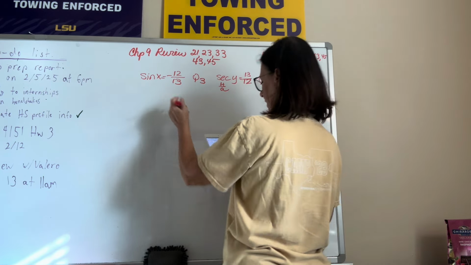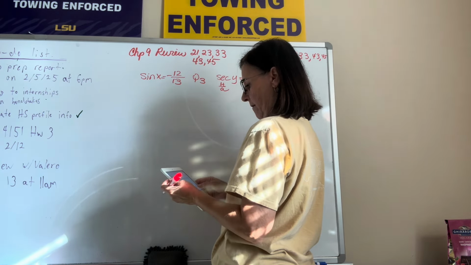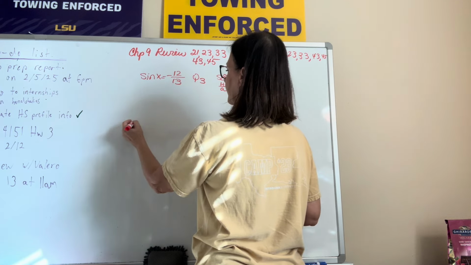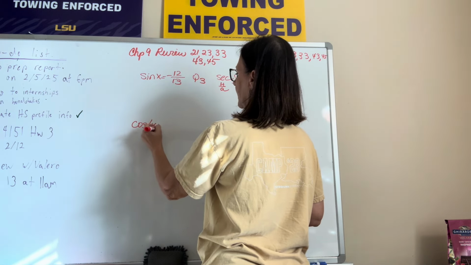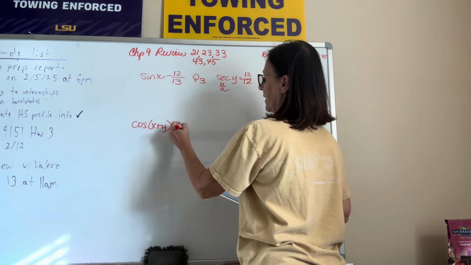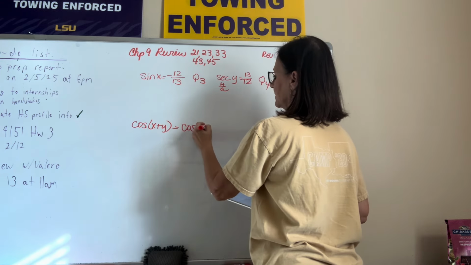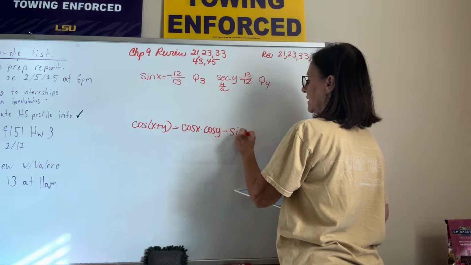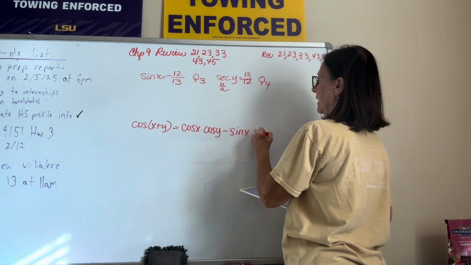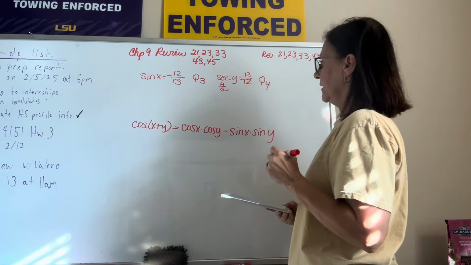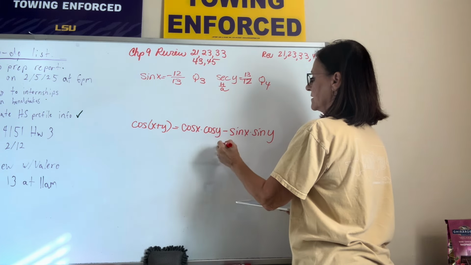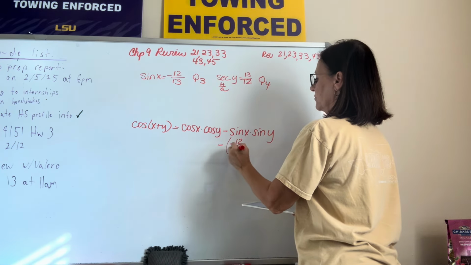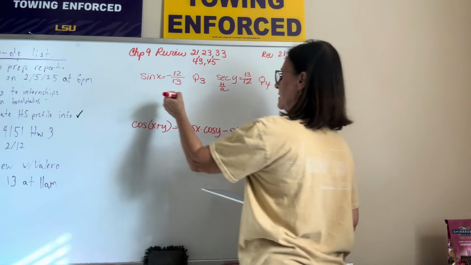All right, so I'm going to draw. And what does it want to know? Find cosine of x plus y. Well, that's cosine of x, cosine y, minus sine x, sine y. We have sine x, negative 12/13.